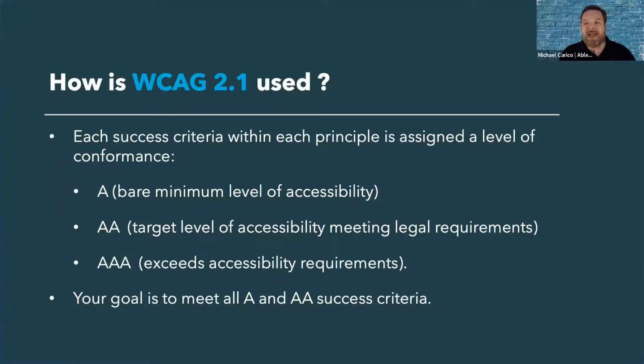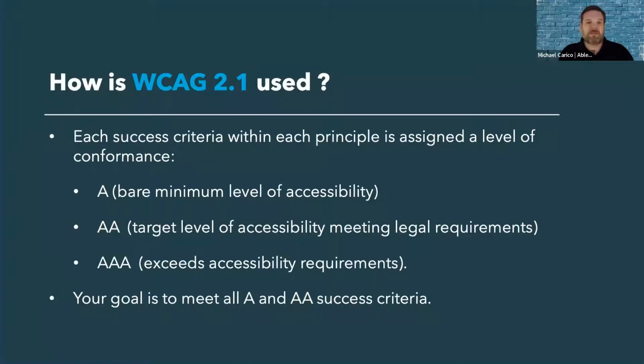Most websites actually get to level A by themselves, as long as your developer is doing things by standards. Level AA is the target level of accessibility for meeting legal requirements. It's what the courts have said: this is what we think it should mean. AAA exceeds accessibility requirements. It's going above and beyond.